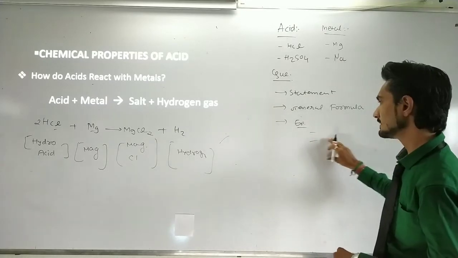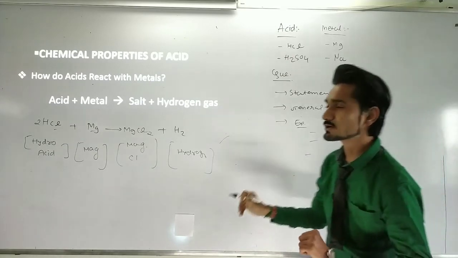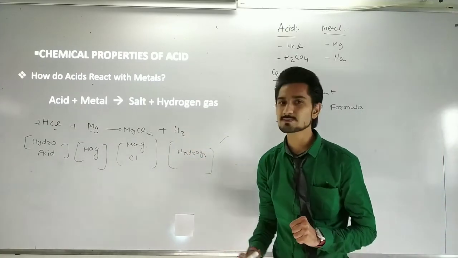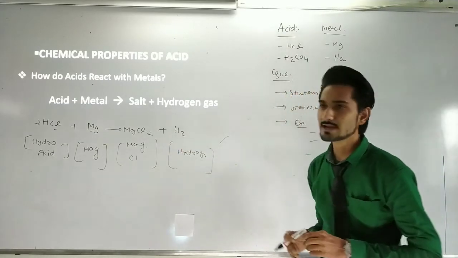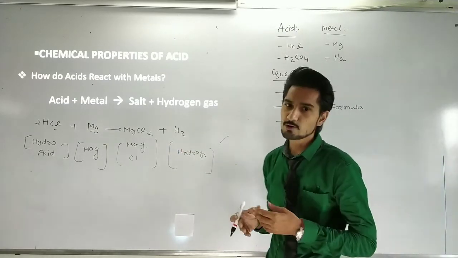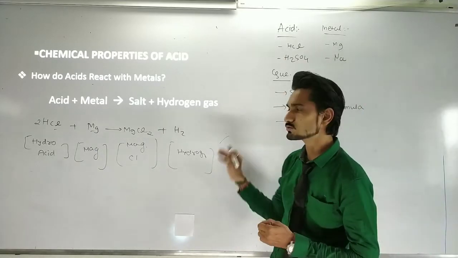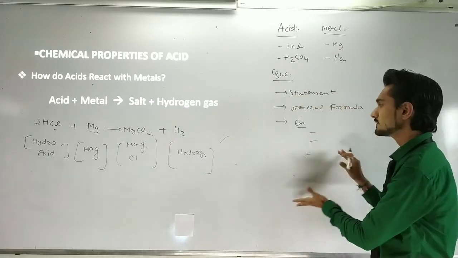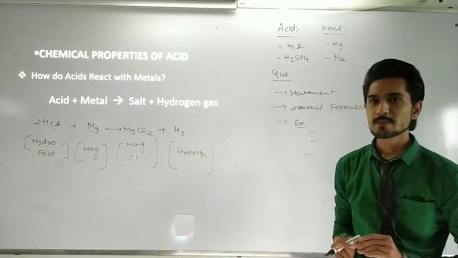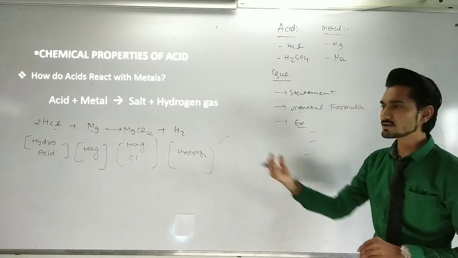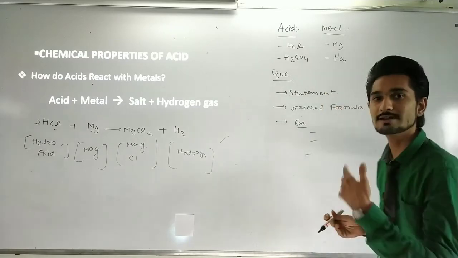Then you need to explain that when we react hydrochloric acid with magnesium, we create the byproduct magnesium chloride, and it releases hydrogen gas H2. From the equation you need to give the statement and the explanation. Also you can add another example, reacting hydrochloric acid with sodium, which creates sodium chloride and hydrogen gas.